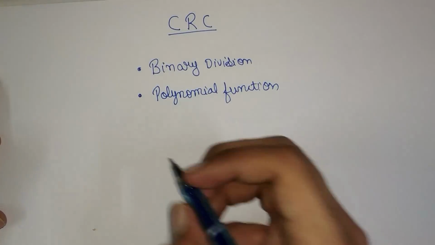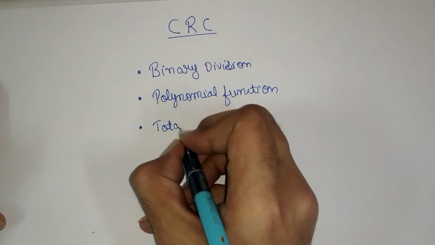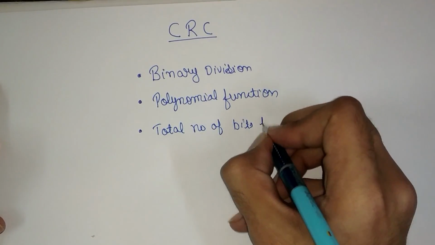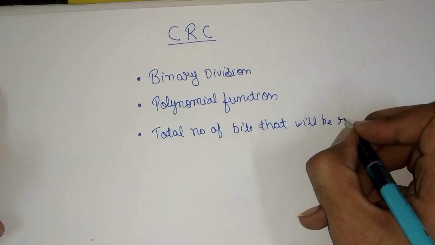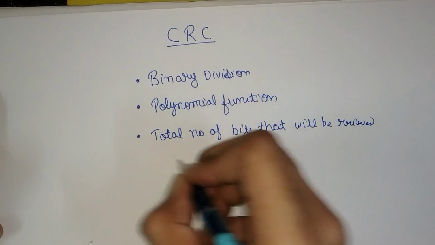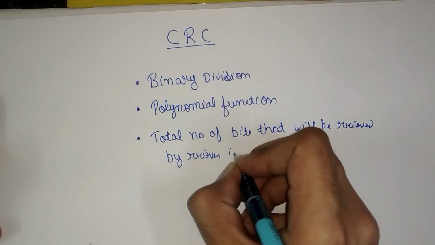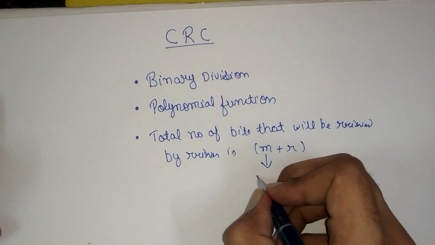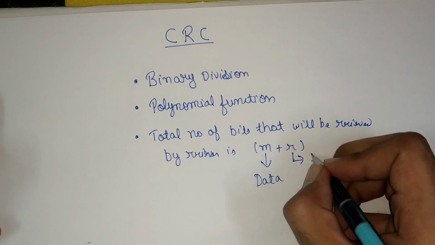Third and the most important thing is that the total number of bits that will be received by a receiver is m plus r. Here m is your actual data and r is the redundant bits.